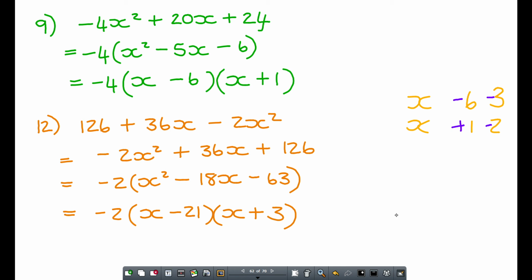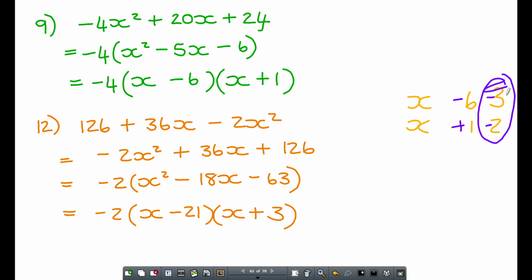Now, why did I use that and not this? Because at step 3, they said, have a look at the sign of term 3. Okay. This is a negative, which means that my signs must be different. So that is why this one is not going to work, because it's a minus and a minus.